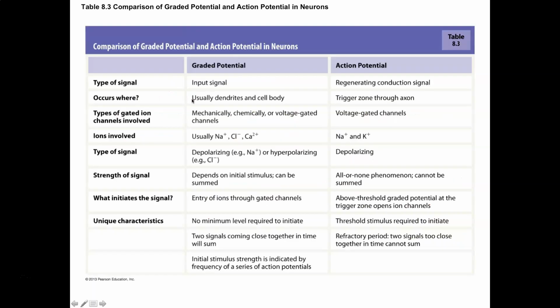So if we look at this table, we have graded potentials versus action potentials. And again, action potentials will be in another video. But graded potentials, if we look at where they typically occur, they occur along the dendrites and the cell bodies. Now, why is that?